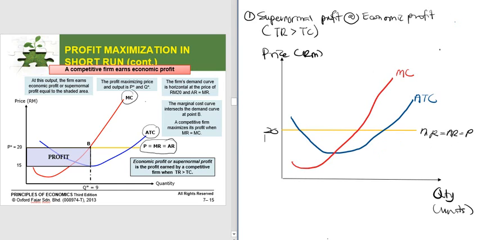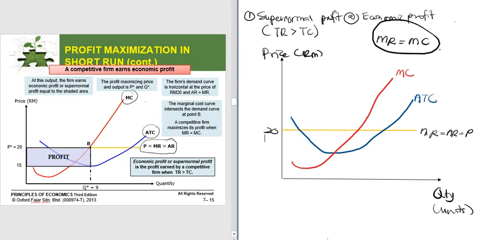Next is for you to find the equilibrium point or the profit maximizing point. Like what I explained in the beginning of this chapter, to get profit maximization you have two approaches, which are the total approach and the marginal approach. If you are looking at the marginal approach, the condition is MR must equal MC.